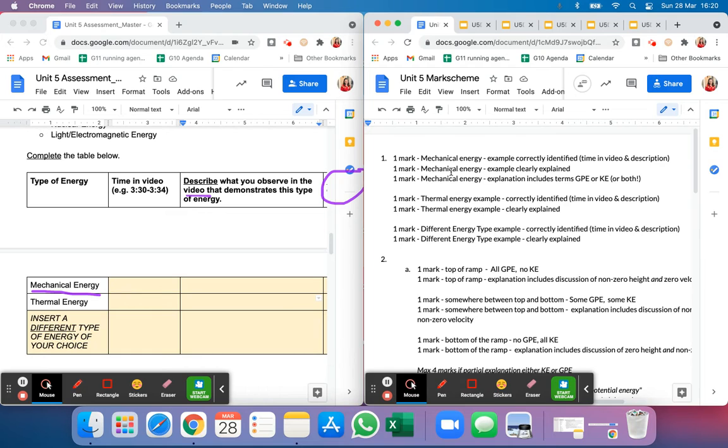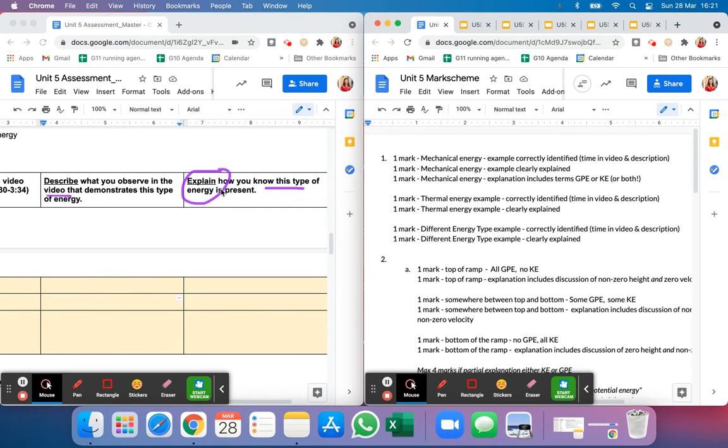Just to show you what got marks here, you got 1 mark for identifying the example. So that would be the time in the video and describing what you saw. 1 mark for explaining, so 1 mark for this last explaining column. And for mechanical energy, 1 mark for being explicit that mechanical is gravitational potential energy or kinetic energy, so using one of these terms.